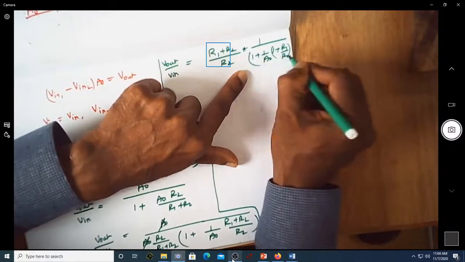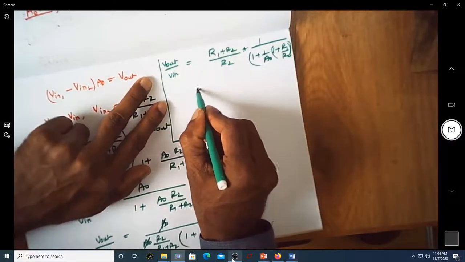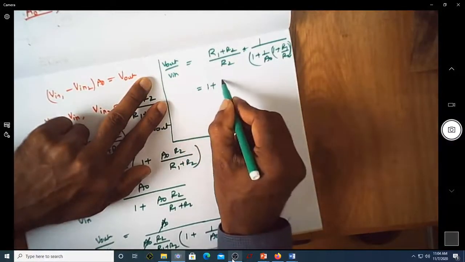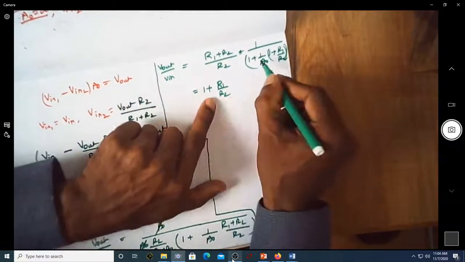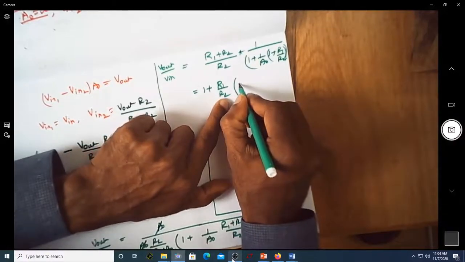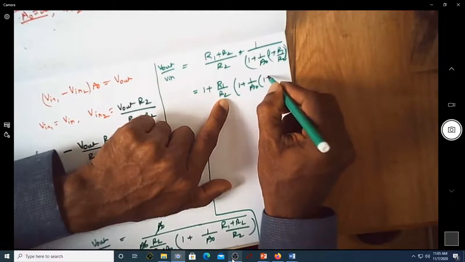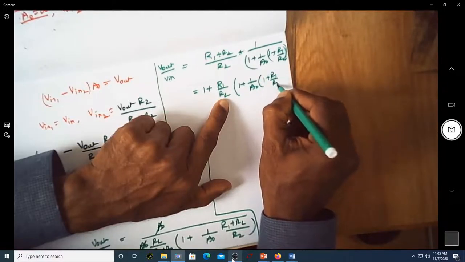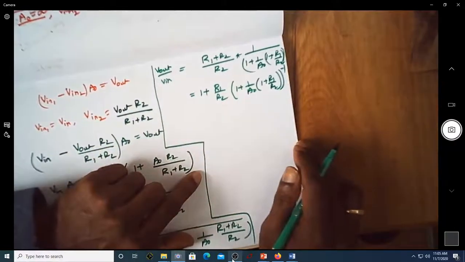So further this can be written as 1 plus R1 by R2. Whatever is in the denominator, I'll put over here as 1 plus 1 over A naught times 1 plus R1 by R2, whole to the power minus 1.